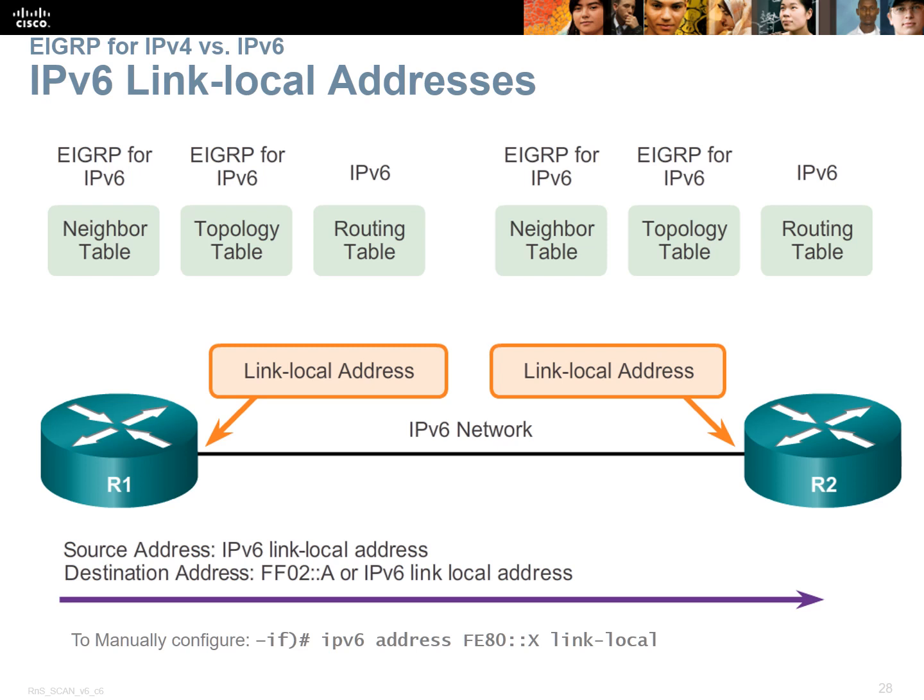Just so that if you want to ping from R1 to R2, you can just type ping FE80::2 instead of FE80:1234:4567:ABCD, the big long IPv6 address. That's dynamic. So whenever they're multicasting, the destination is FF02::A and the source is whatever the link local is.